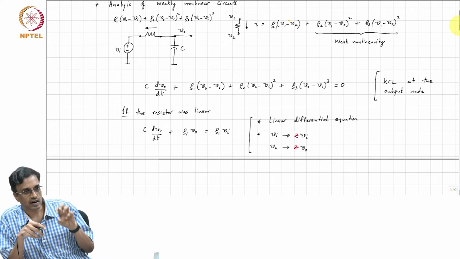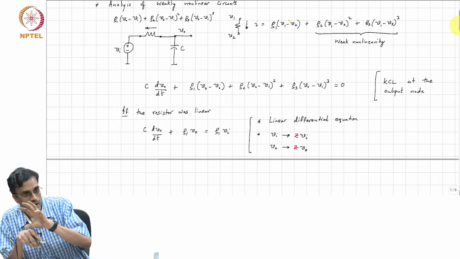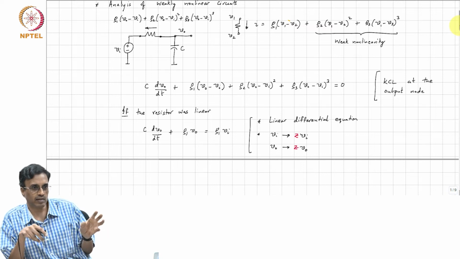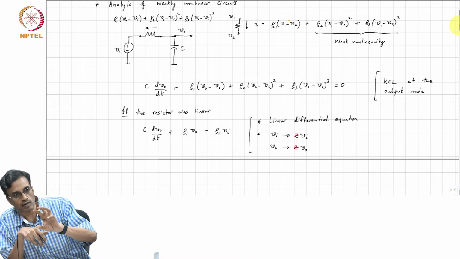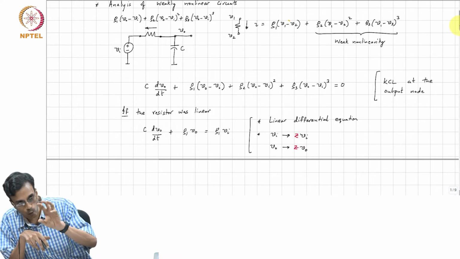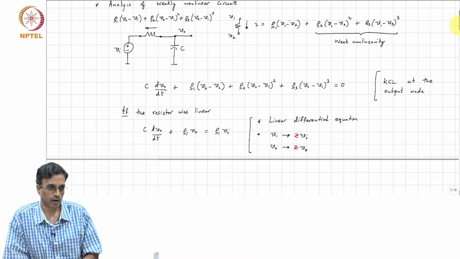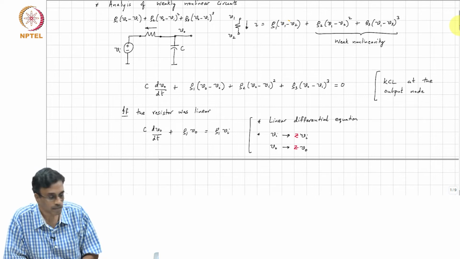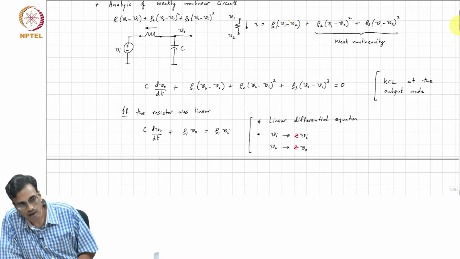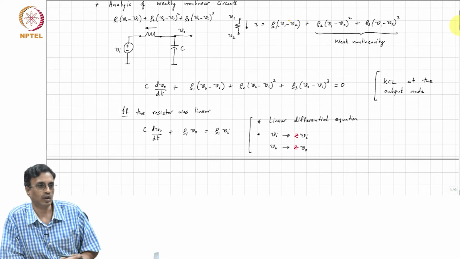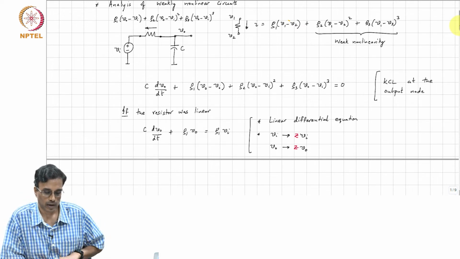So, basically you get error terms which are proportional to the cube of the input amplitude. If you have second order nonlinearity, we saw nonlinear terms at the output which are proportional to the square of the input amplitude. And likewise, a cubic nonlinearity would contain something proportional to the cube of the input amplitude.